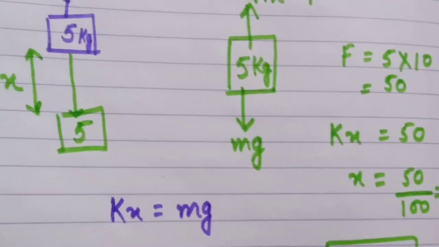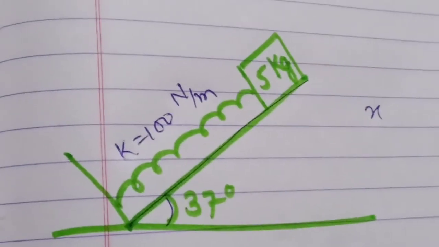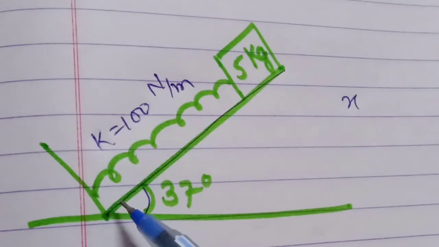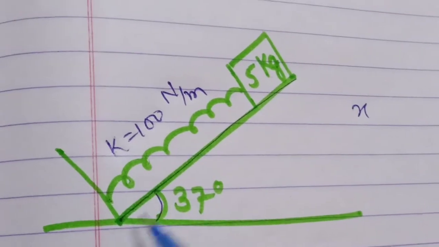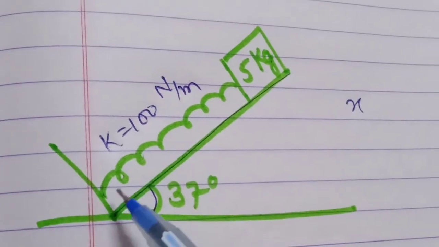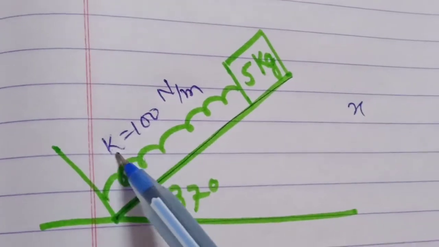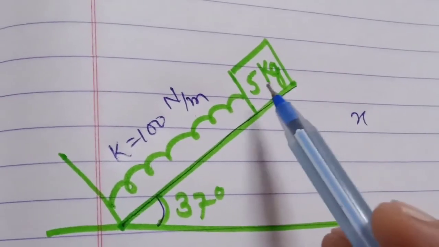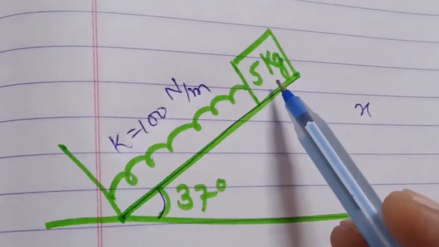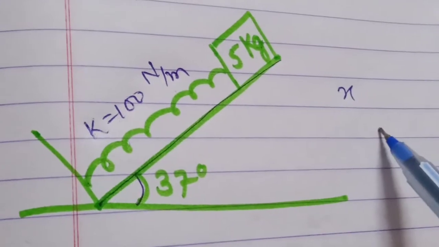Okay, now third condition is there is a system on inclined plane. The angle is 37 degree. The spring constant is K is equal to 100 Newton per meter and having the mass having the value of 5 kilogram. So what is the x?